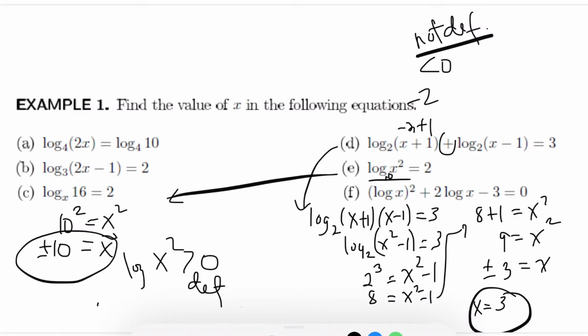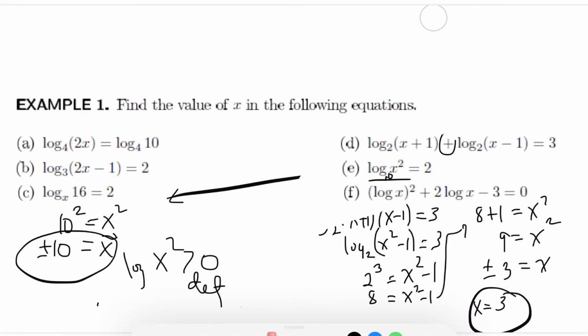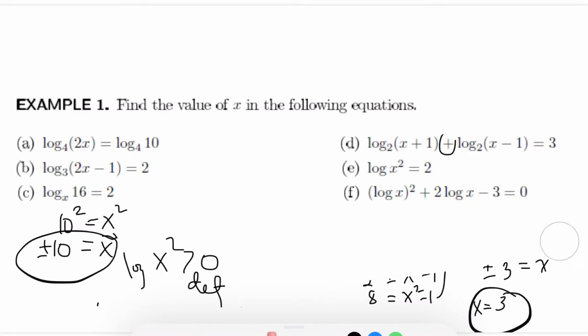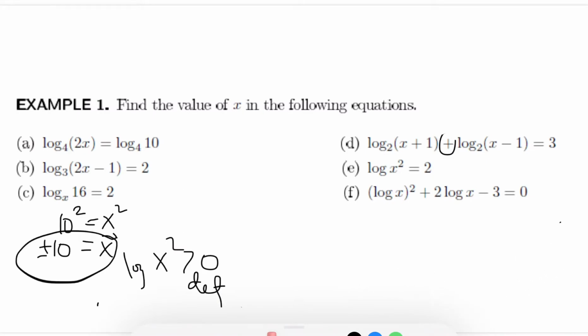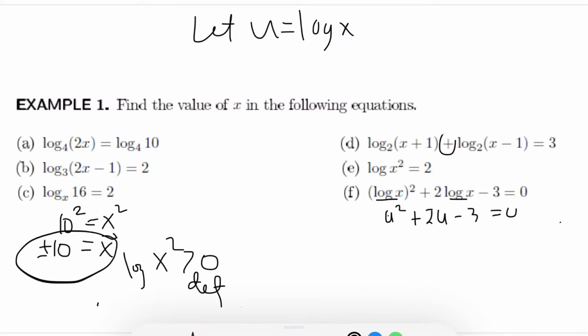And last, the last one is a bit tricky. We can rewrite this, take note, log of x. Let u be equal to log of x. So therefore we can rewrite this as u squared plus 2u minus 3 equals 0.